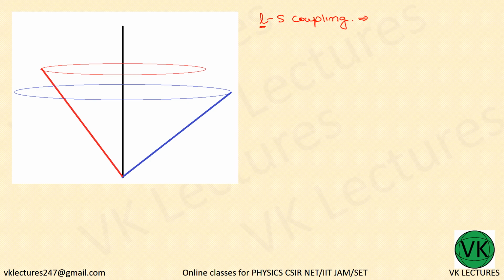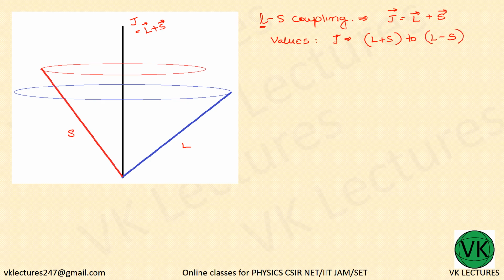Here we deal with J, S, and L. So J is equal to the vector L plus the vector S, and both L and S will precess over the vector J. Now the values that J can have are from L plus S to L minus S.